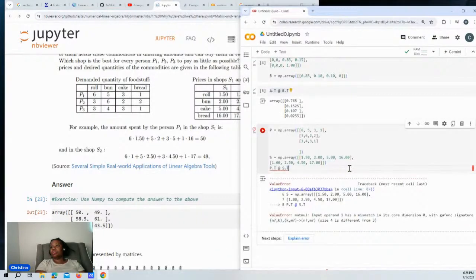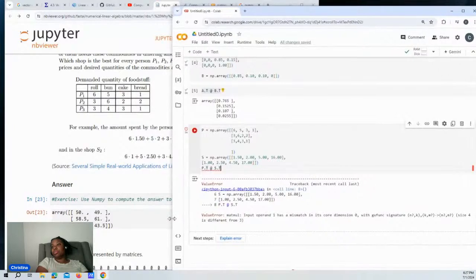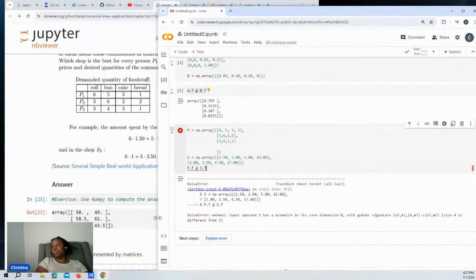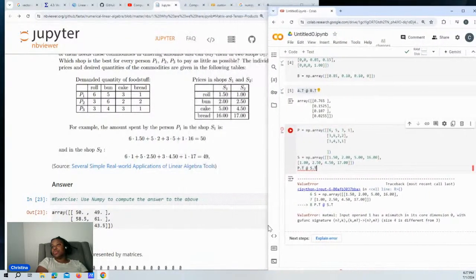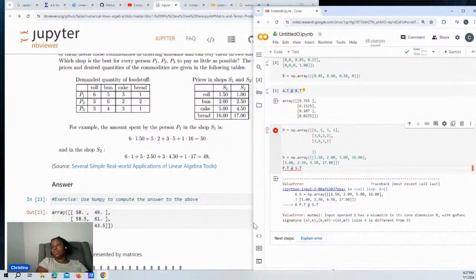Yeah. It is matrix multiplication. Size 4 is different from size 3. So it's complaining because this has 3 and this has 4.